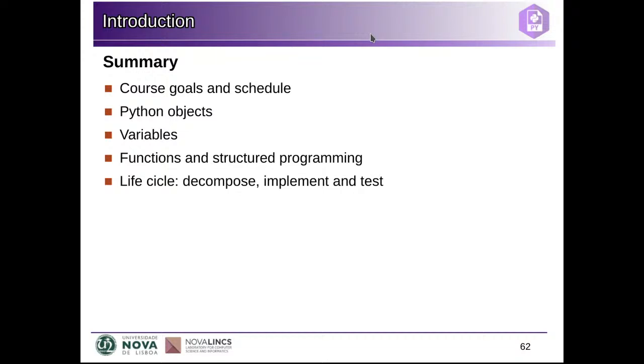So for now, we looked at Python objects, variables, and functions. You're going to practice a lot of this, so you're always going to use variables and functions in everything that we do. So you have a lot of time to gradually familiarize yourselves with these elements. The reason why I am giving this at once in the beginning is that while you are learning to get familiarized with these elements, we can also start looking at specific solutions to practical problems.